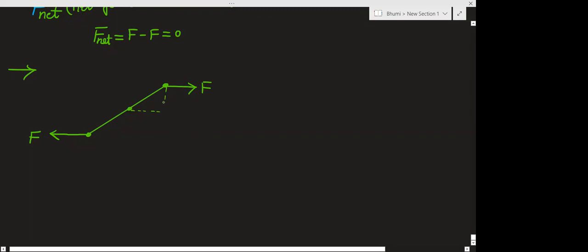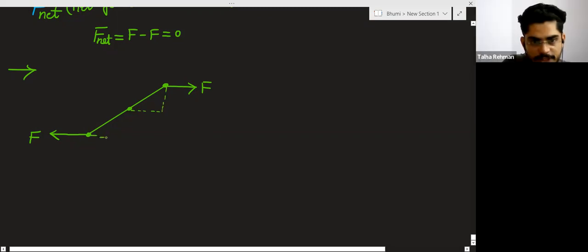And this rotation is formed due to the couple. Here in this case you can see F net on this system AB is 0.